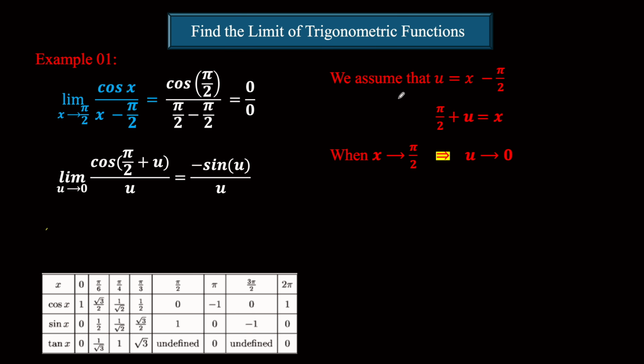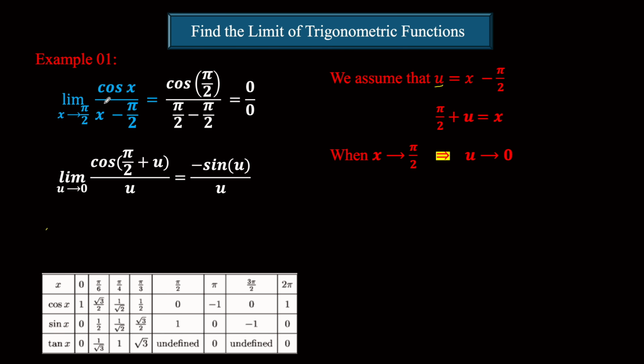we'll use the assumption method, or some people call it a substitution method also. So we assume that u is equal to x minus pi over 2. So u is your choice. You choose a variable, okay? If you want, you can call it v or y as you wish. Then you will deal with the denominator.